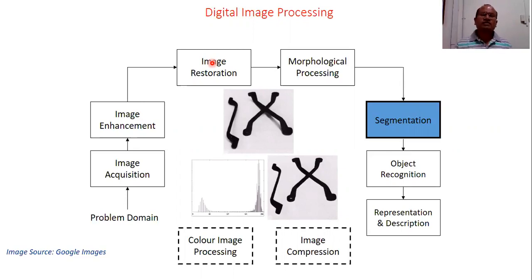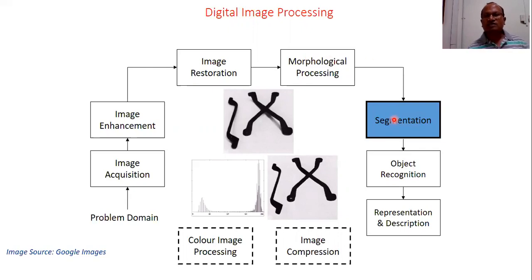Then we have also discussed morphological operation, or morphological processing, which is a very important step in fingerprint or forensic applications, where we are interested in minute details and thin lines, and we want to get them more accurately and more clearly.